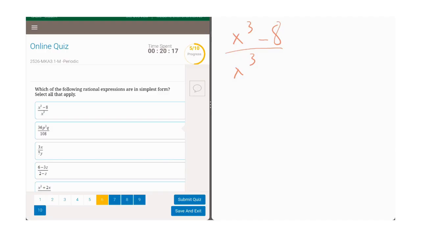So for the first, we get x cubed minus 8. We can factor the numerator by using a minus b times a squared plus ab plus b squared. Let me fix it.